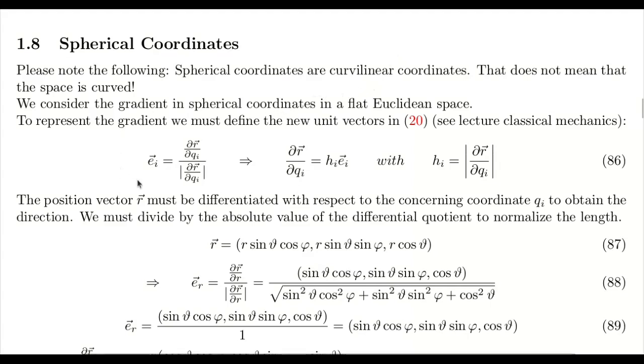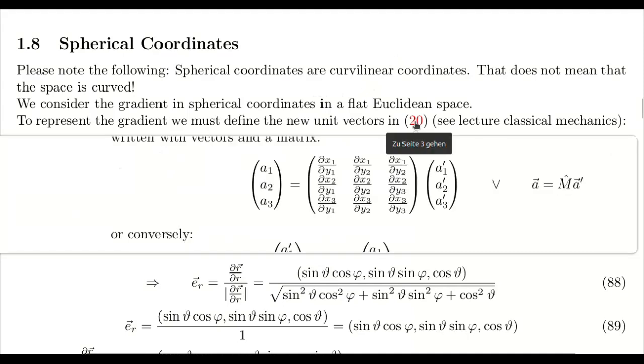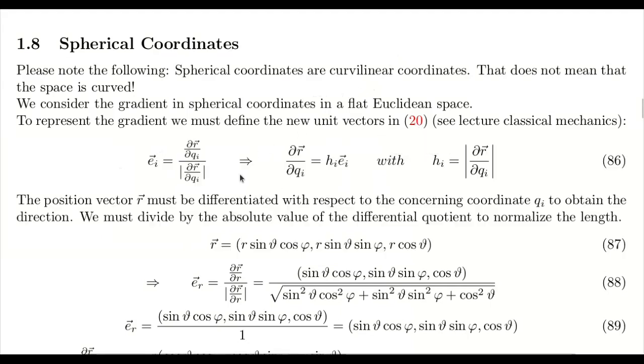If we want to calculate the gradient again, we must define the new unit vectors for the spherical coordinates. We had such a formula in the first lecture. We must differentiate the position vector with respect to the new coordinates r, theta, phi.